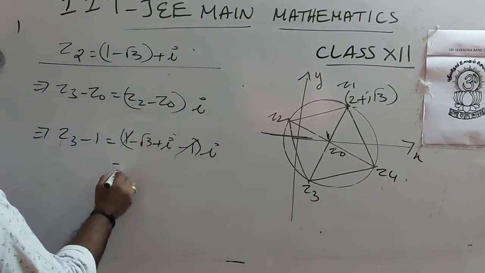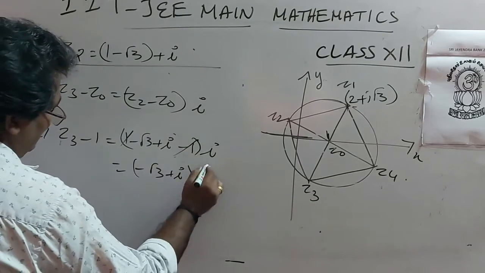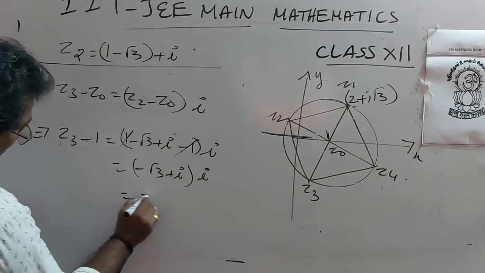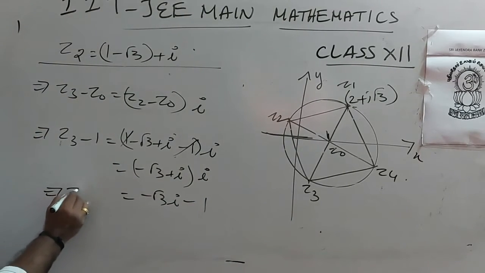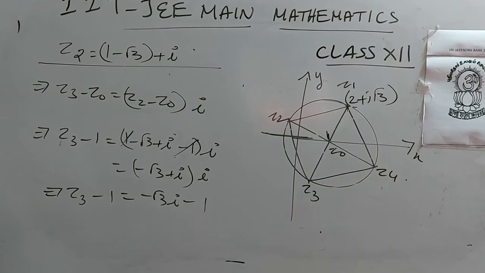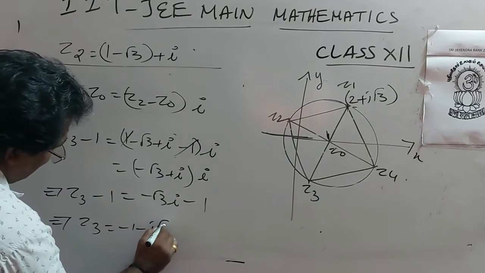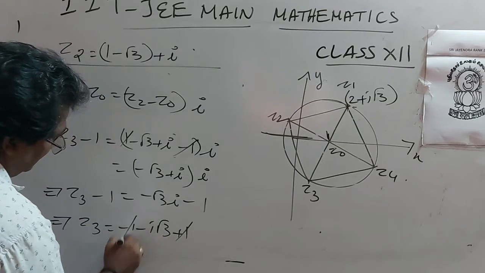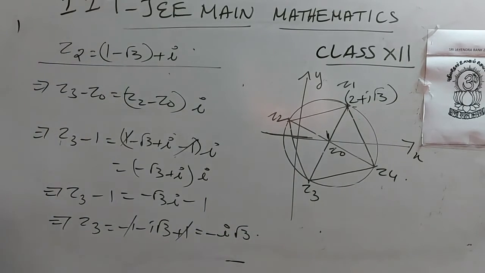This will be cancelled. Minus root 3 plus i into i, minus root 3 i minus 1, that is Z3 minus 1. Z3 equal to minus 1 minus i root 3 plus 1, minus i root 3.